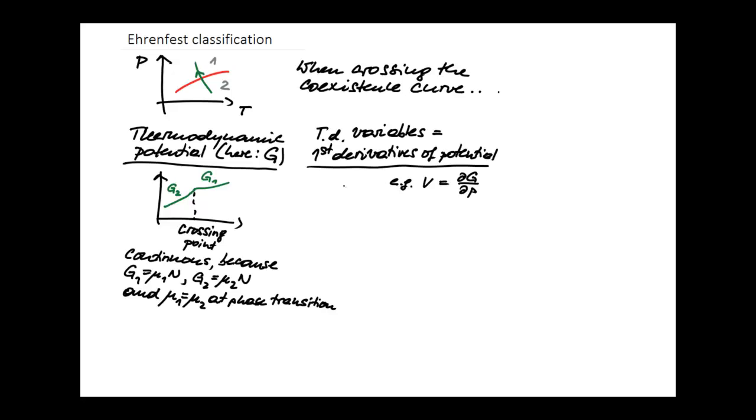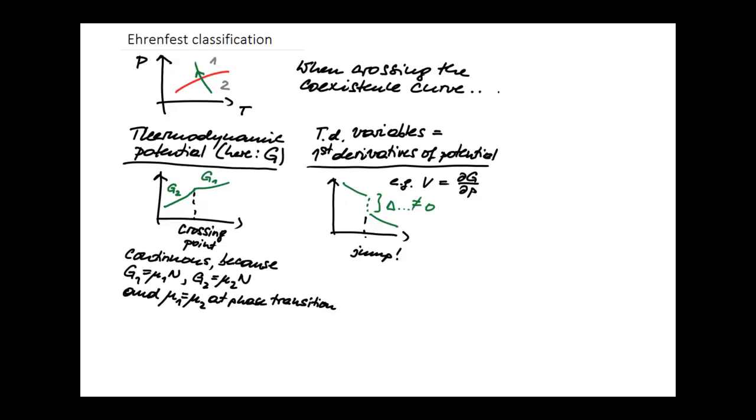And we learned that at a first order phase transition, at the crossing point, this thermodynamic variable generally does exhibit a finite jump. So it goes like that, and then there's a discrete jump. So the delta of this thermodynamic variable is different from 0. There's a discontinuity in this thermodynamic variable if it's a first order phase transition.